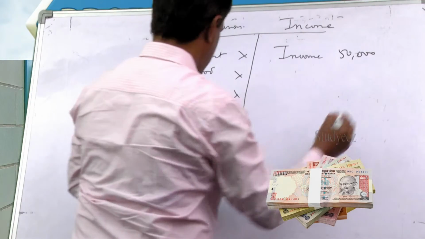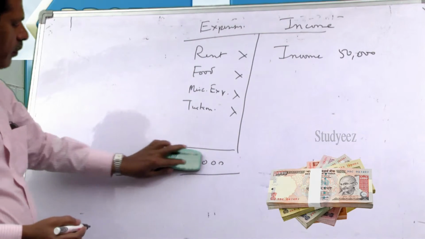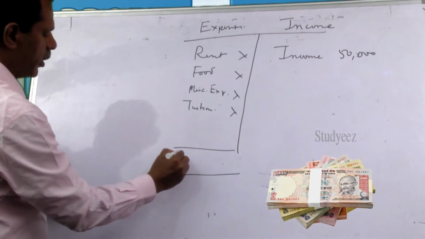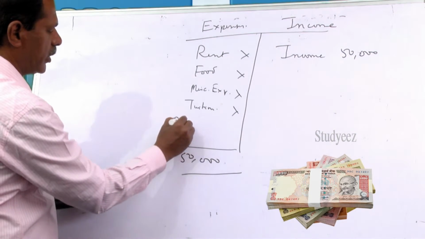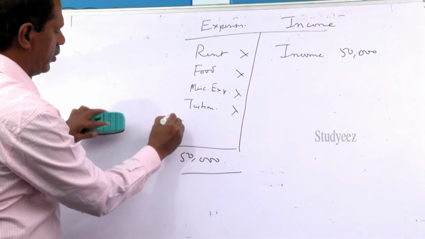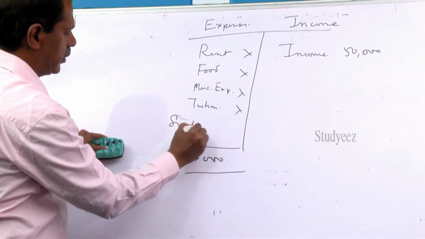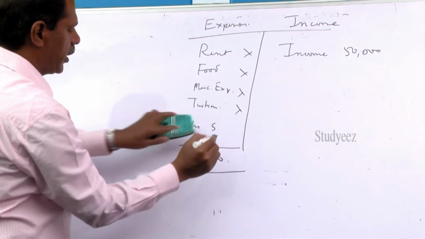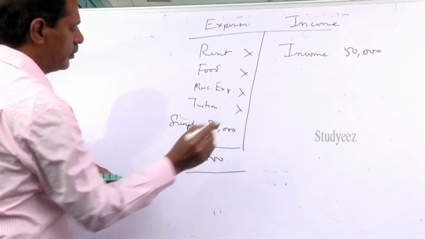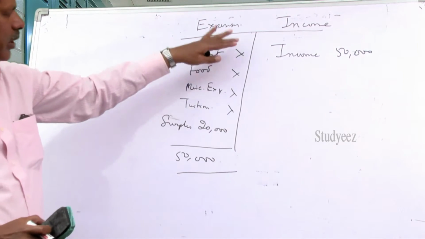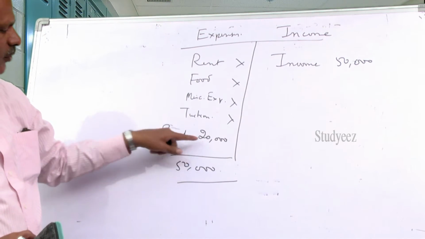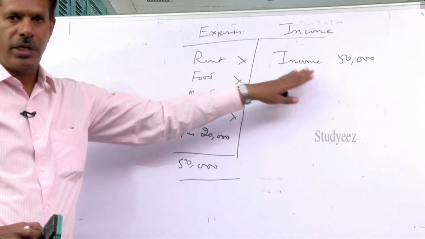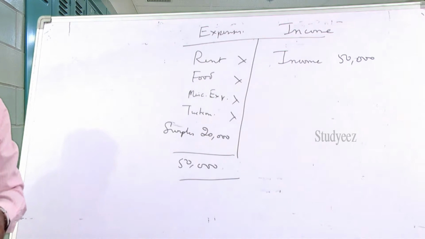Then what happens is here, what we do is here we put it as 50,000, and then the balancing figure we put it as surplus, okay, surplus we put it as 20,000. That means all the expenses put together is 30,000. You have surplus of 20,000, 50,000. This is the income and expenditure.